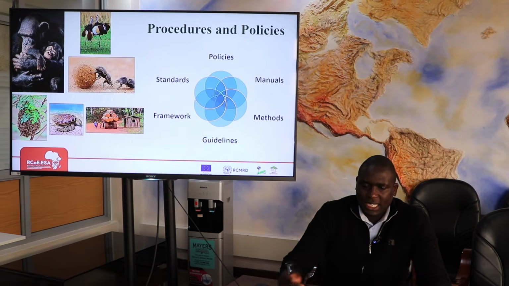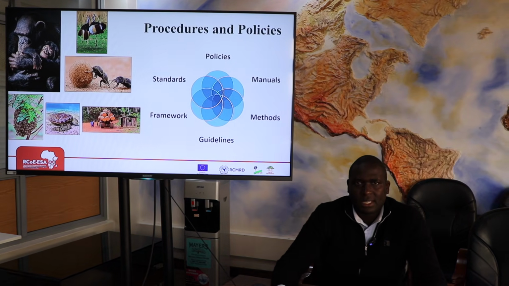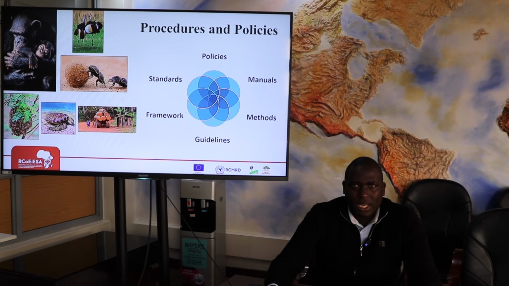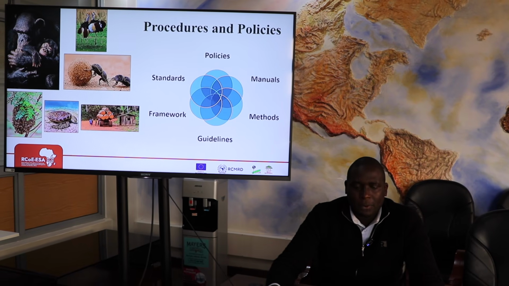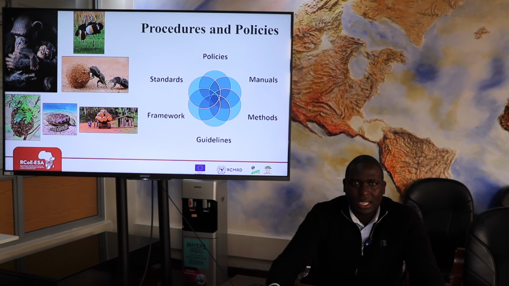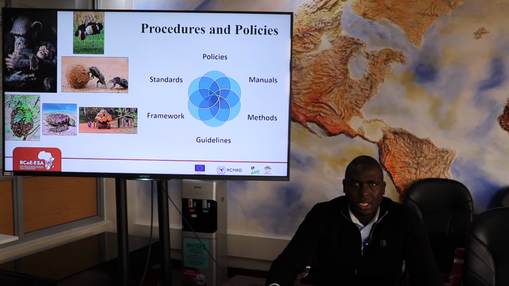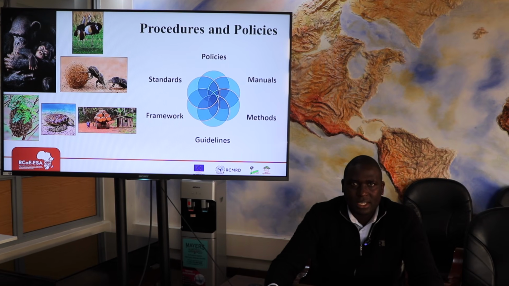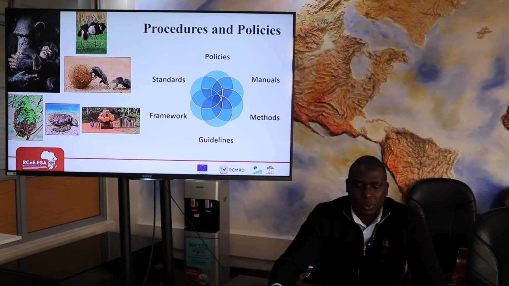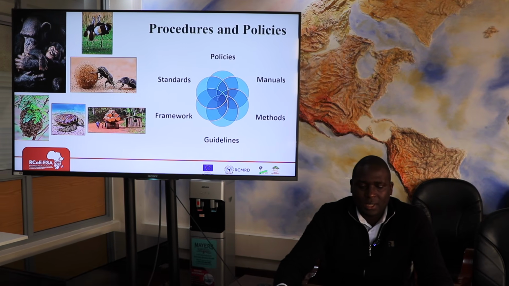Lastly, we go to procedures and policies. This is the fifth component. Some call it methods. In GIS, we are guided by policies and procedures. Policies ensure that we capture data that is of high quality, or we maintain the standards of the processes and methods that we use to process GIS data.